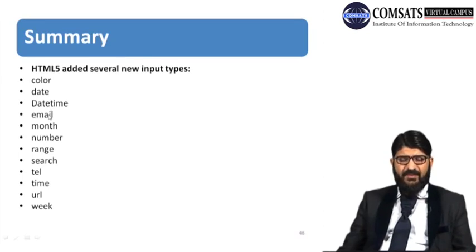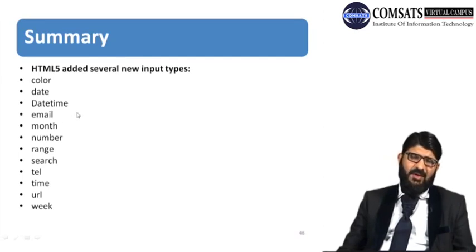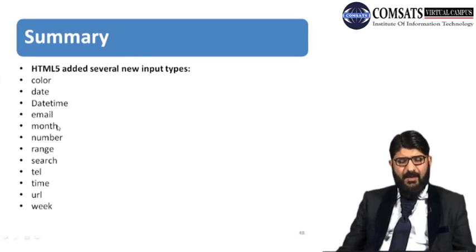Email: when you select the email option, the value given by the user will be validated properly in the email format, considering the proper path and name before and after the @. Month is another input type, and if you provide the month option, it will list all the months from January till December to the user, and the user can select the relevant month.